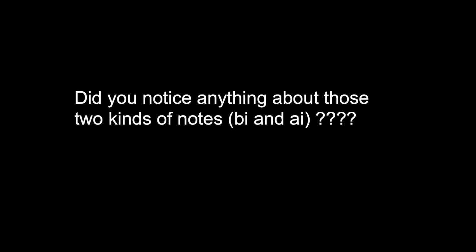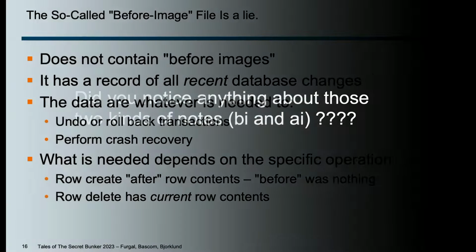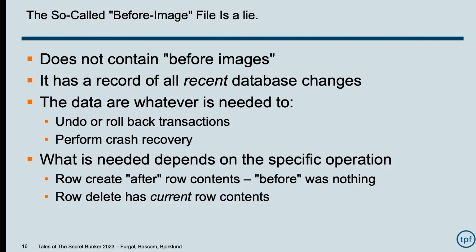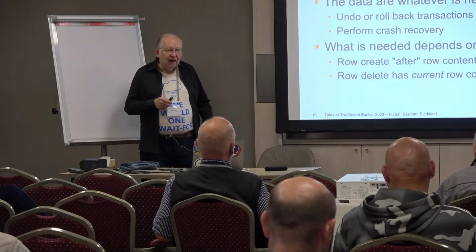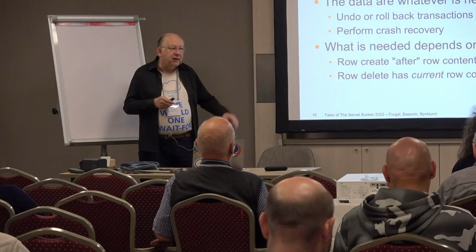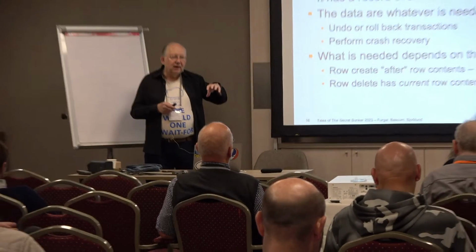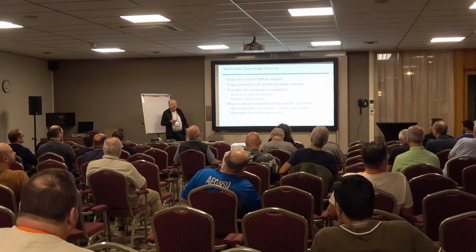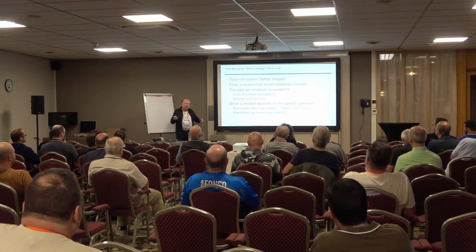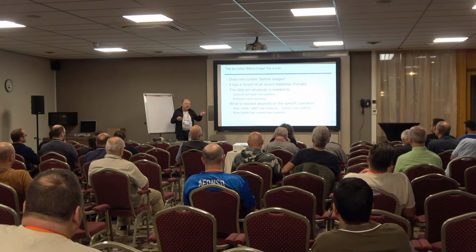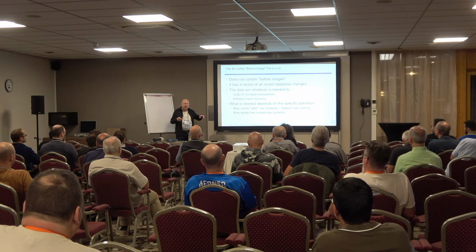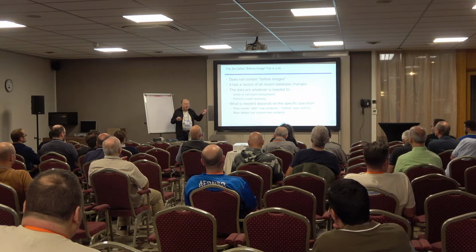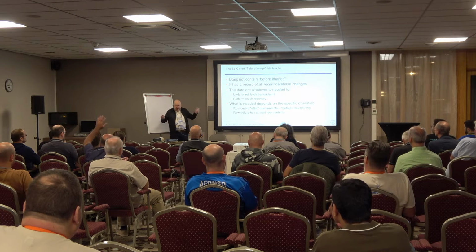And so it's been that way ever since. Ever since version 6.3, when the way the after-image log works was completely redesigned. And I should have redesigned the before-image format at the same time, but I didn't. So that's why they're different.